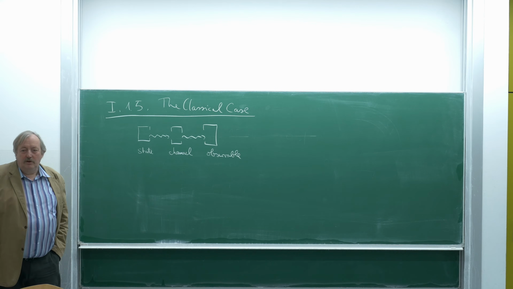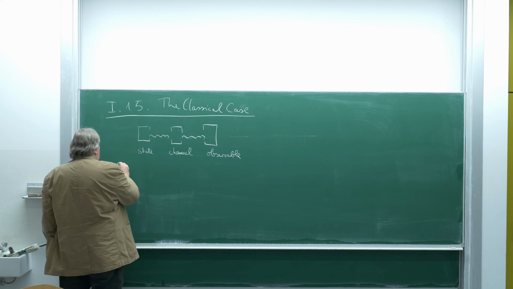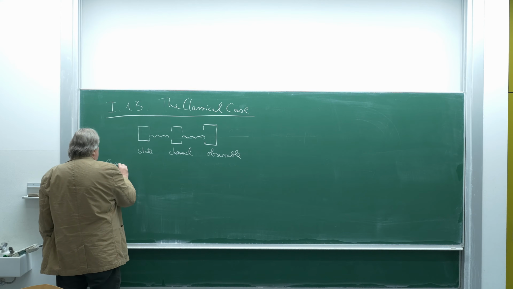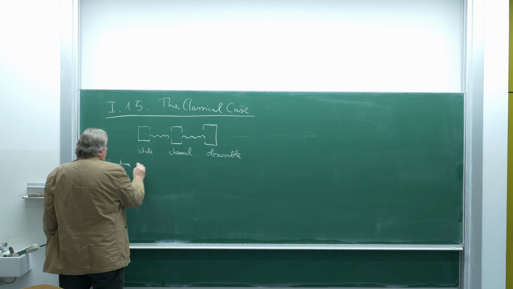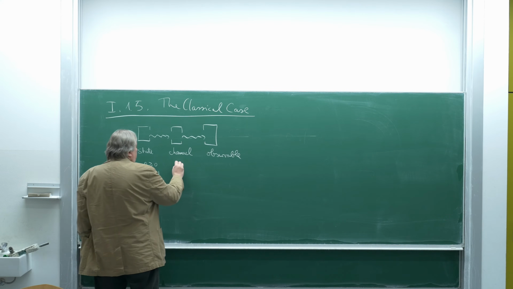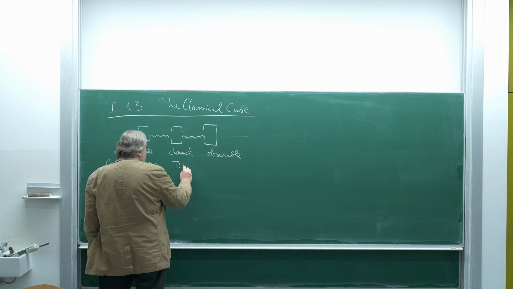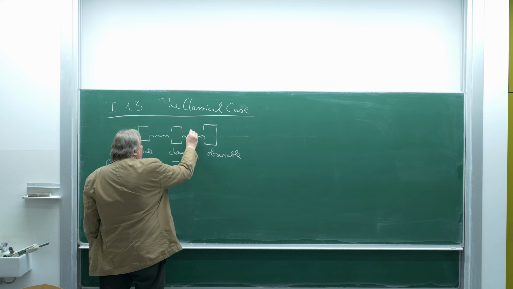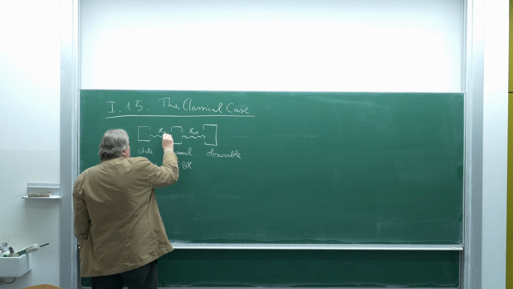What are the mathematical objects here? So quantum. We had a positive operator here with x1. The channel is a map between the Heisenberg pictures. This is H out, H in.